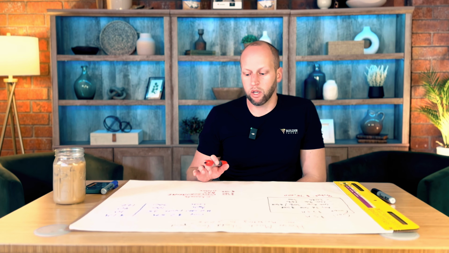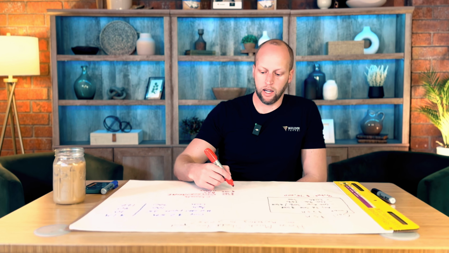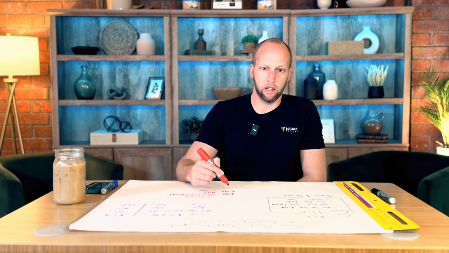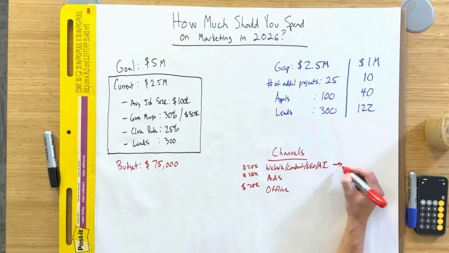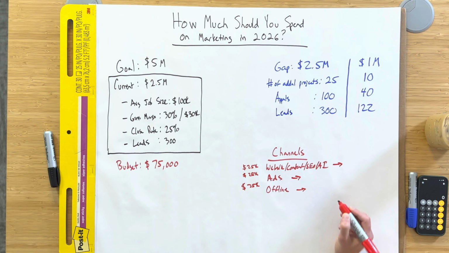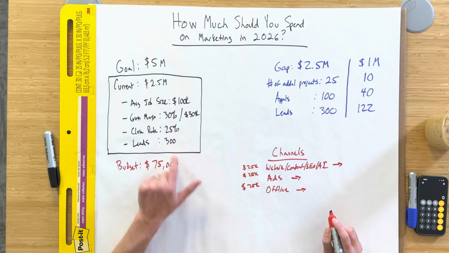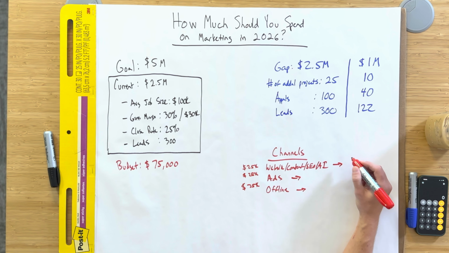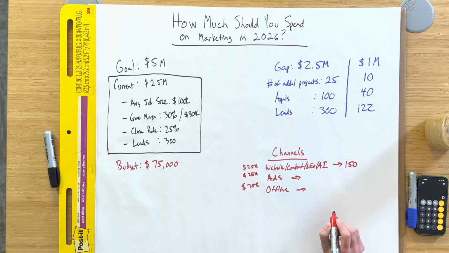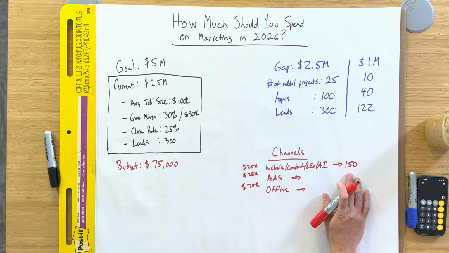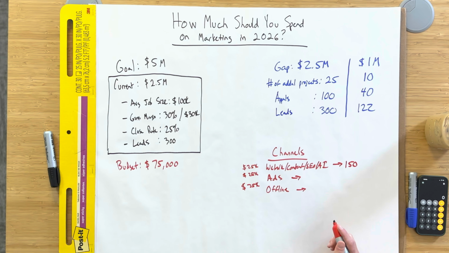This step is really important because we can look at these spends and then how many leads did each of these produce, and we got 300 total leads. And if you're looking at this bucket and you're seeing, hey, I got 150 of my leads from this channel, that means I had 150 more.